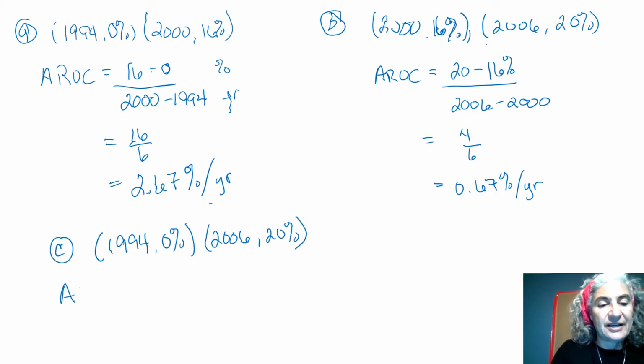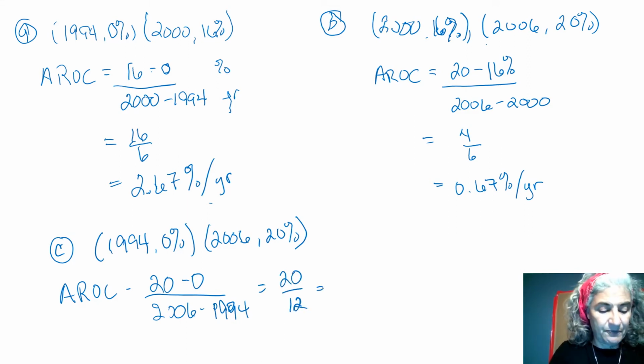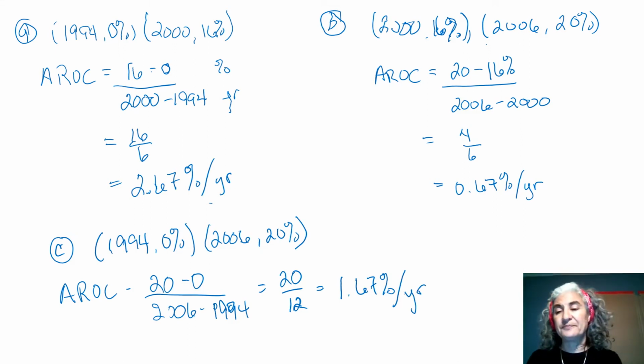So the average rate of change is going to be the difference of the y's over the difference of the x's, which looks like 20 over 12, which when you get that decimal is going to be 1.67% change per year. Cool? All right.